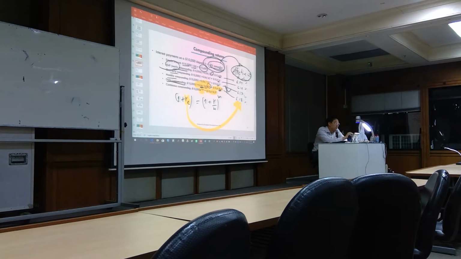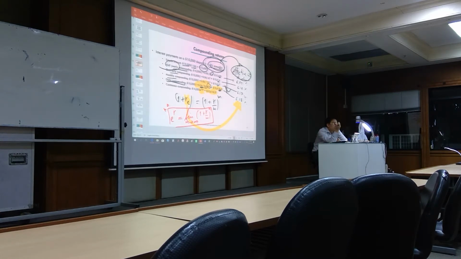Therefore, e to the R is actually the limit of (1 + R/M)^M when you assume M goes to infinity. So the exponential term comes from the fact that you assume M goes to infinity. M going to infinity means that you charge the interest rate every second.